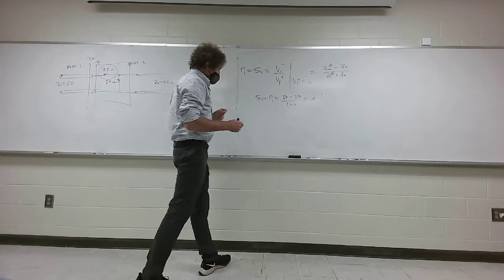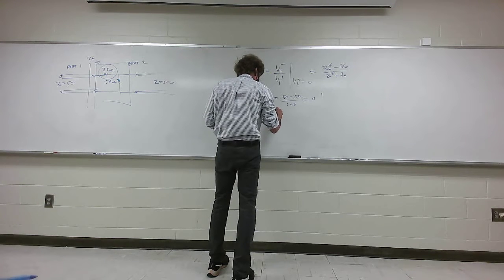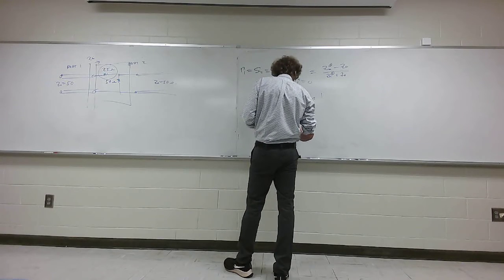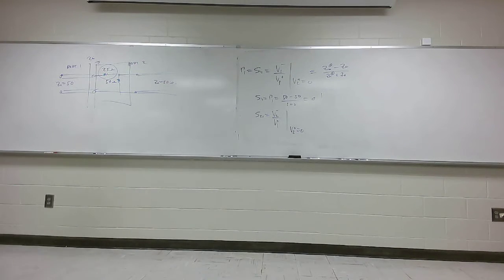All right. While we're at it, let's get S21. That's V2 minus over V1 plus, and that's assuming that V2 plus is 0 or it's matched. Now this part I want you to pay attention to, because this does cause confusion. All right?